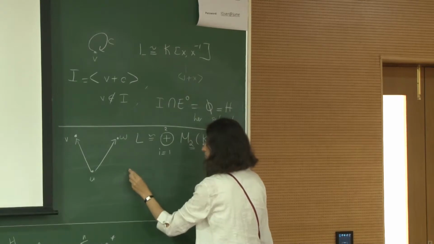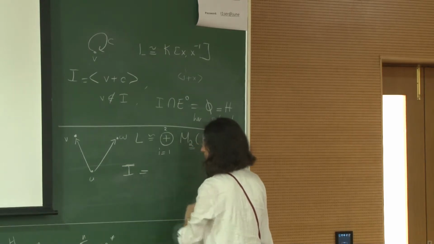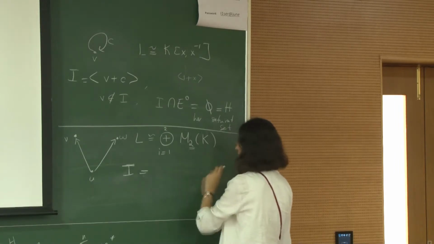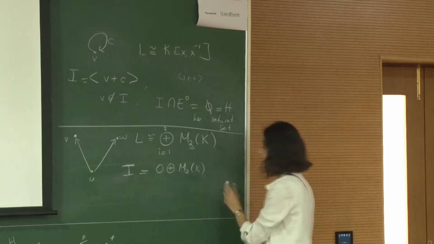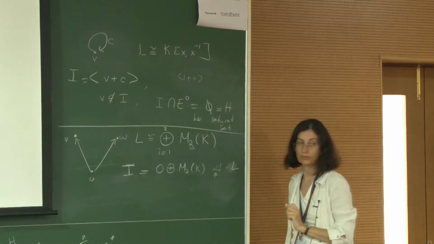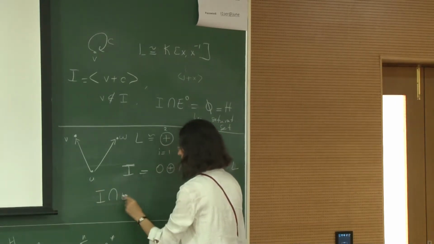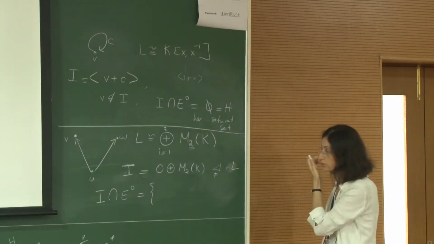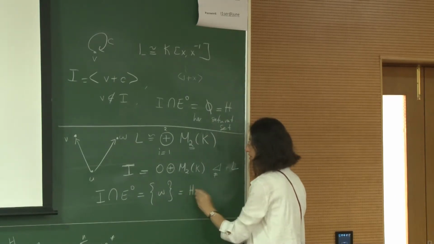Well, if you consider the ideal, we can work this out as 2 copies of M2(K). So consider this ideal. This is a proper ideal of the Leavitt path algebra, and this is going to give me basically another hereditary set.